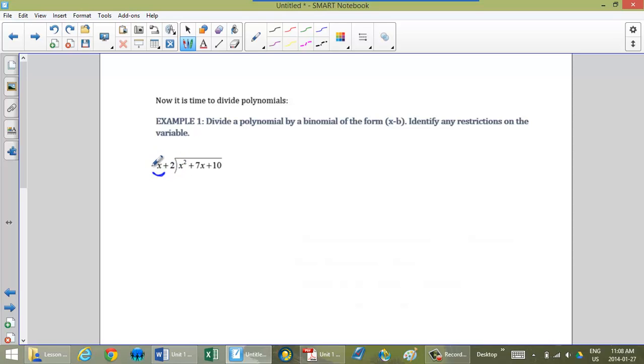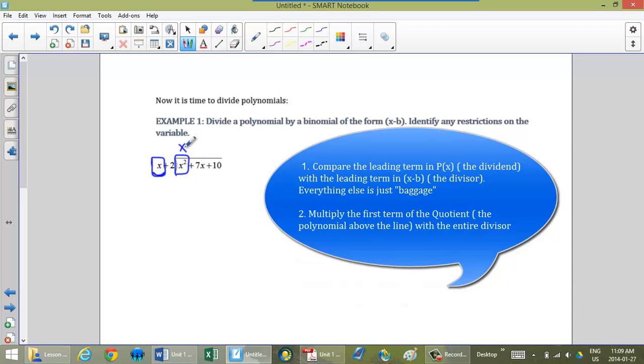We're going to compare the x term in my binomial with the x squared term, or the leading term, in the dividend. So how many times does x go into x squared? We just compare the two of them. Well, x goes into x squared x times, because x times x is x squared. So x times x is x squared, and x times 2 is 2x.